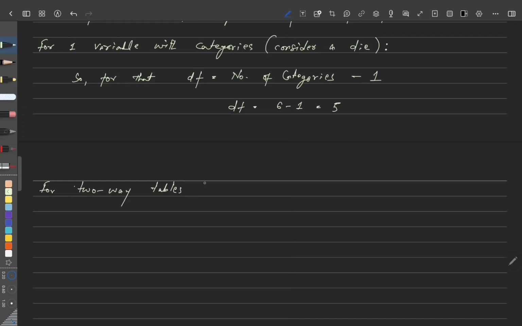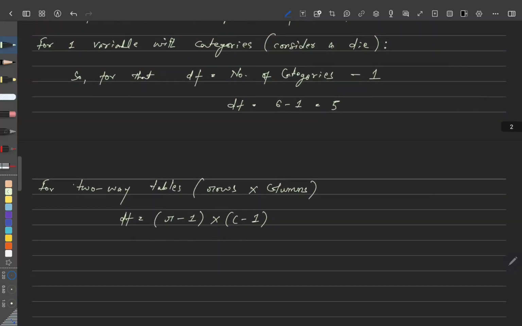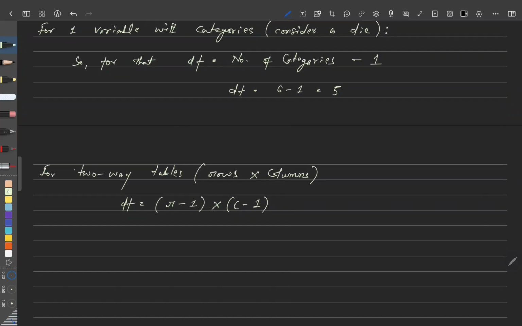Two-way tables typically have rows and columns, and the df, or degrees of freedom, would be number of rows minus 1 times number of columns minus 1. Now let us understand the mathematical intuition using examples for each of these things that we just considered in the formula.